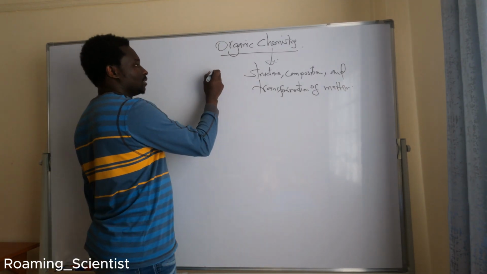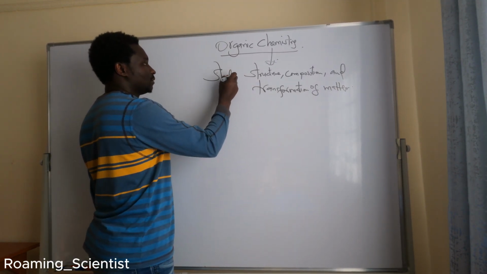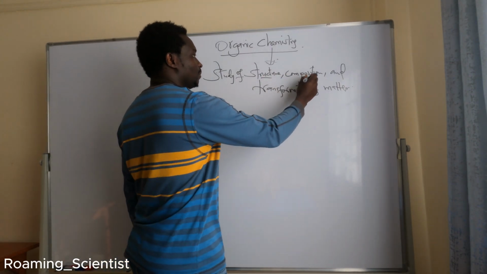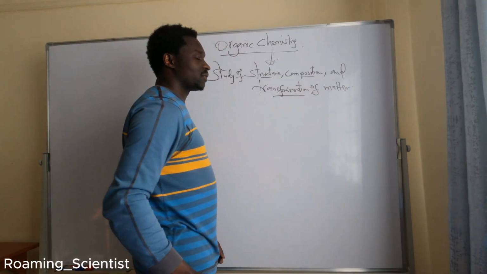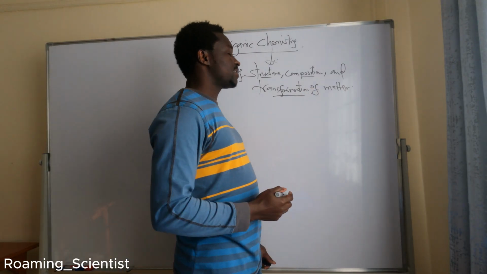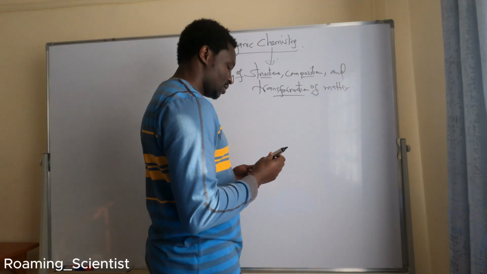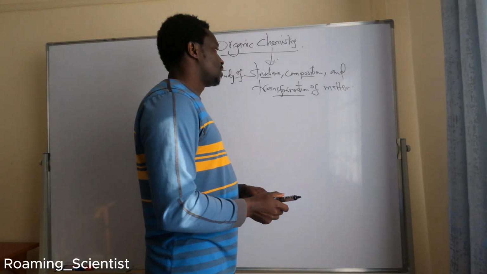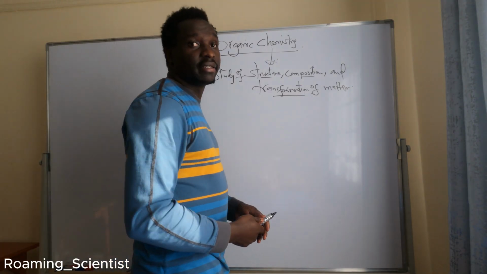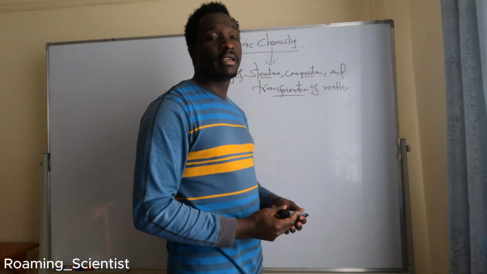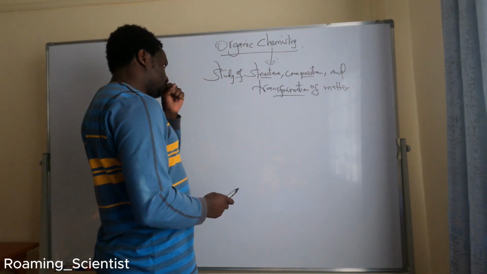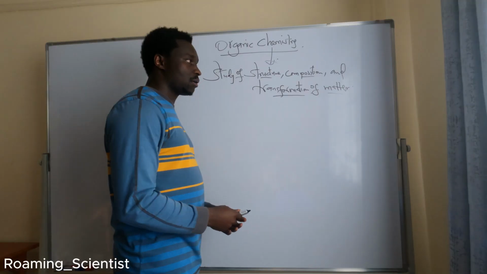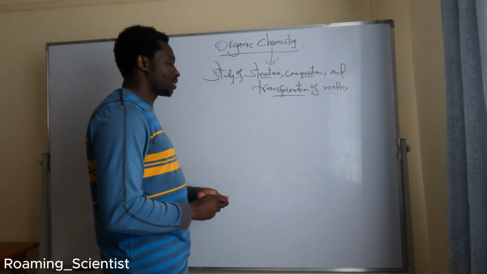So you can add here study of structure, composition, and transformation of matter. Matter is anything that occupies space and has mass. So this object, anything that is composed of atoms and molecules and occupies space and has mass is called matter.